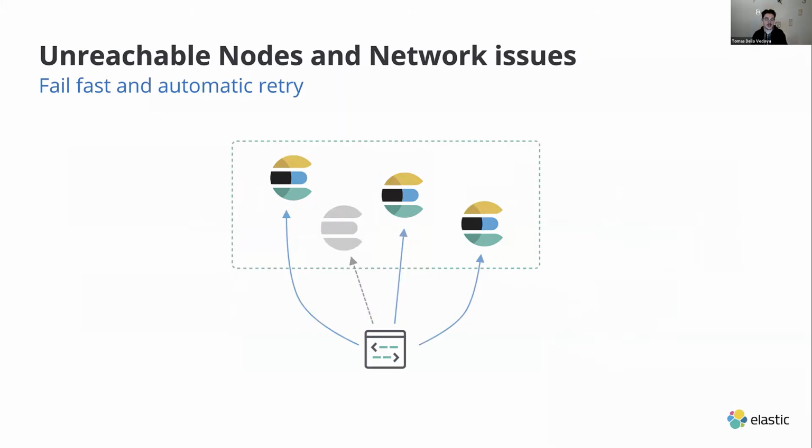Then, as soon as we notice that a node is no longer reachable for any reason, for example, a network issue or the node has crashed, then the client has a fail fast and automatic retry to the next available node.